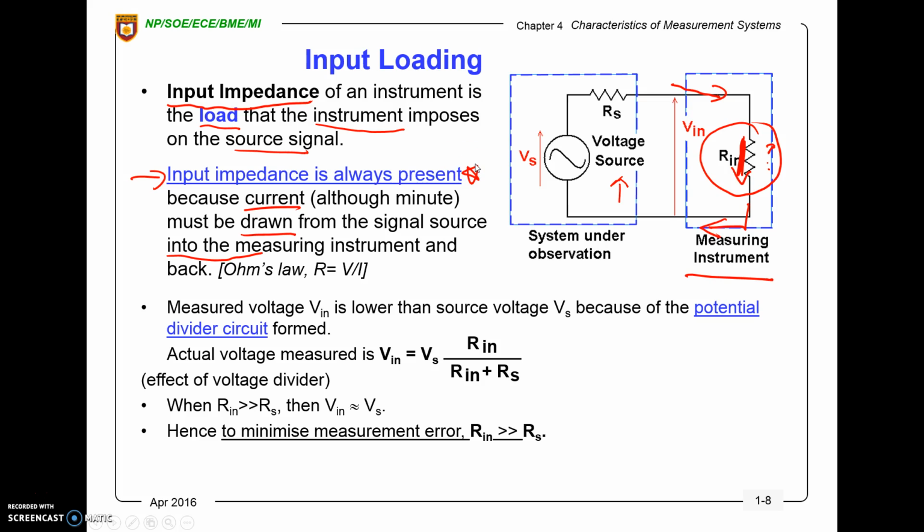So the measured voltage is lower than the source voltage because of the potential divider circuit formed. You can see that there is an RS, which is the source here, and an R in, which is our input impedance, and we are actually just measuring this part.